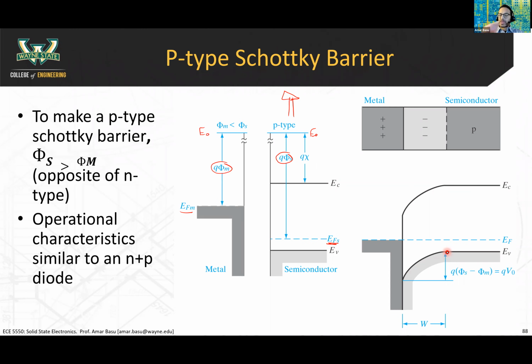It has a depletion region, with a positive buildup of charge at the surface of the metal and a negative depletion region in the semiconductor. It's just the converse of what we looked at with the n-type barrier, and it behaves similarly to an N plus P diode. You can apply the same ideal diode equation and determine the width of the depletion region on the P side, and so on.